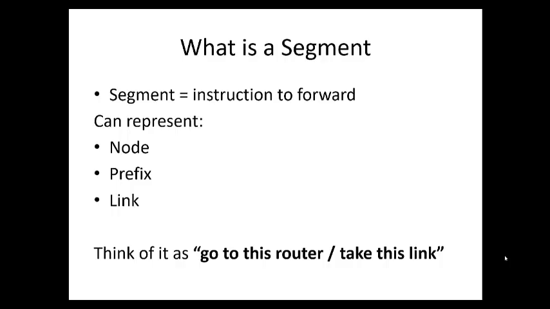Detail is coming in coming slides. Adjacency SID, prefix SID, node SID. So those instructions are simply telling the router, go to this router, or this is the link that I need to take.